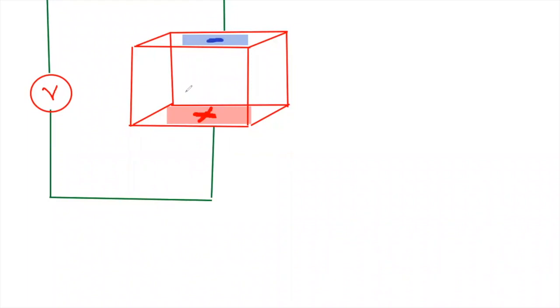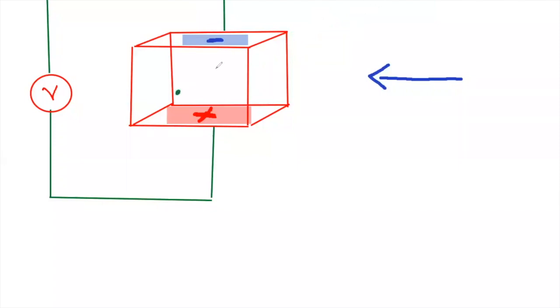But now I am actually sending an electron beam from this side. However, before sending this electron beam, I have to tell you that the magnetic field here is into the page. So like this, front to back. So this is the magnetic field. So you can imagine it like this.